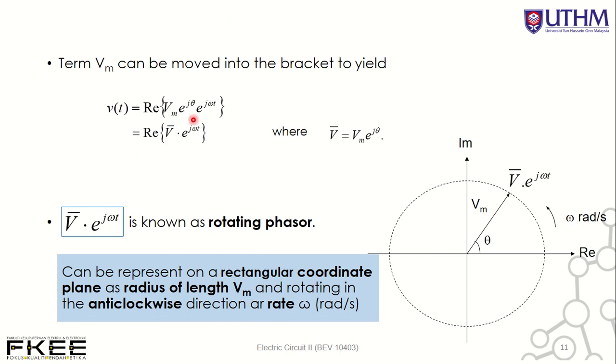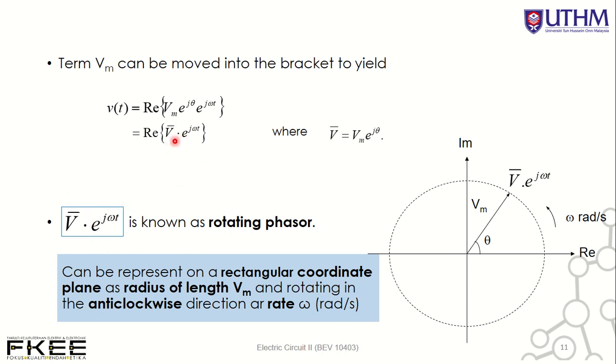So we have two parts. This is the first part, and this is the second part. This second part we call the rotating phasor, because we have t in the function. t is always changing, time 0, 1, 2, 3. So this term we call the rotating function.